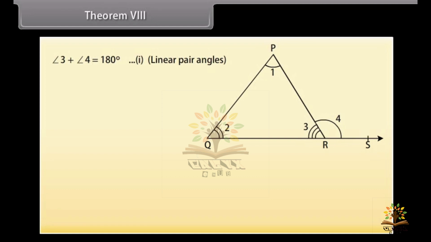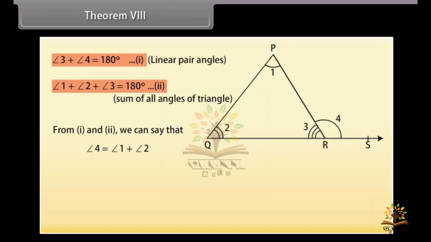Mark it as 1. Also, angle 1 plus angle 2 plus angle 3 is equal to 180 degrees because the sum of all the angles of a triangle is 180 degrees. Mark it as 2. From 1 and 2 we can say that angle 4 is equal to angle 1 plus angle 2.